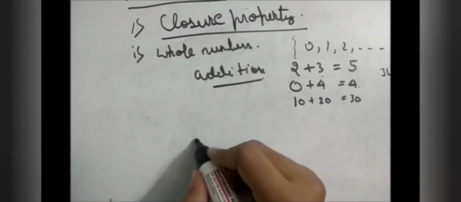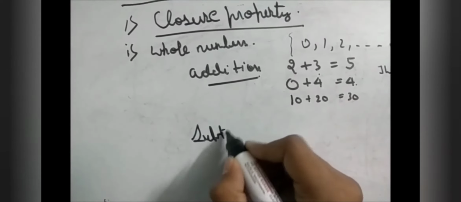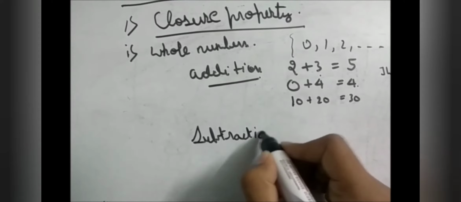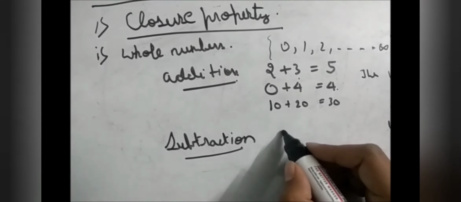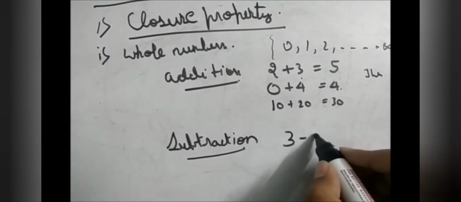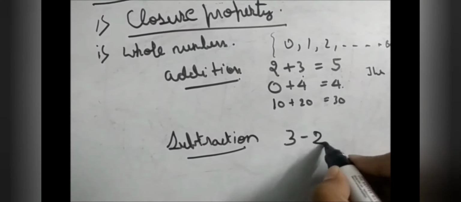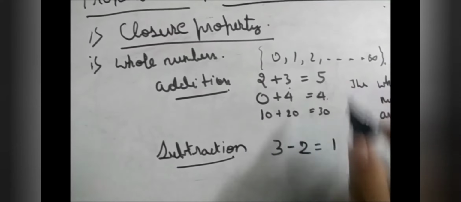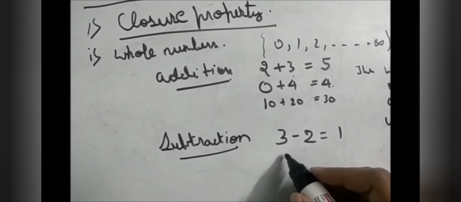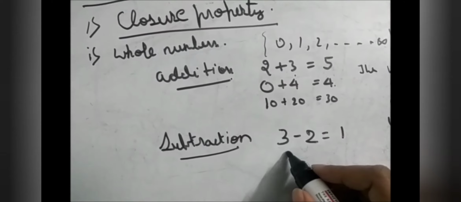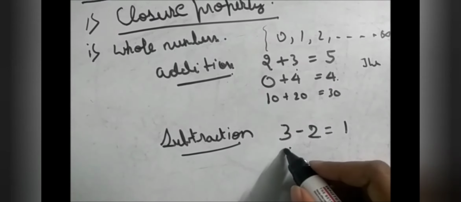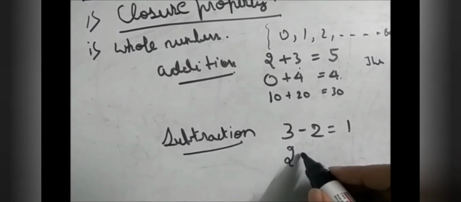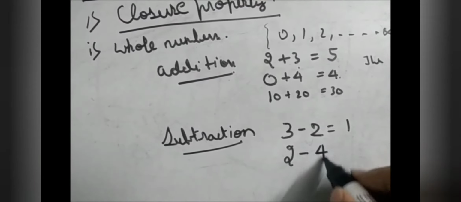Now let's see subtraction. If we take 3 minus 2, we get 1, which is present in the set of whole numbers. Now let's take a smaller element in the first place, that is, 2 minus 4.